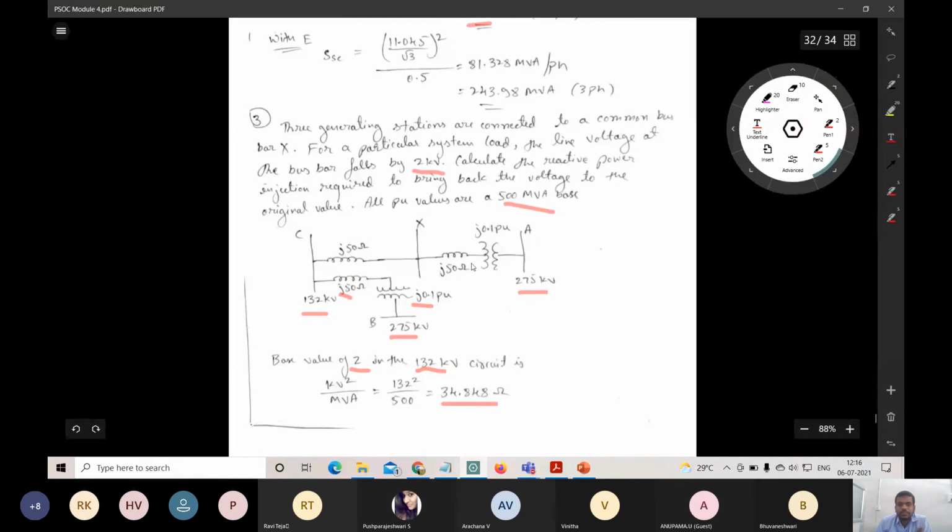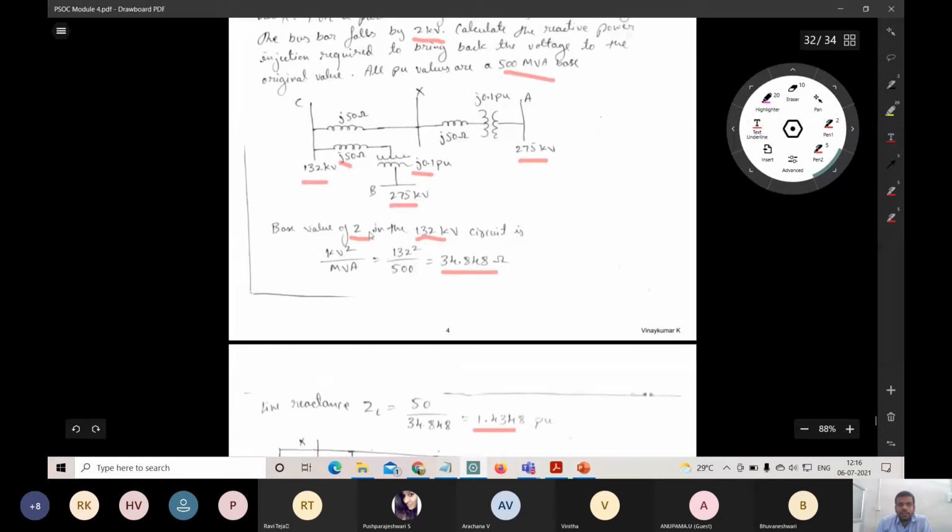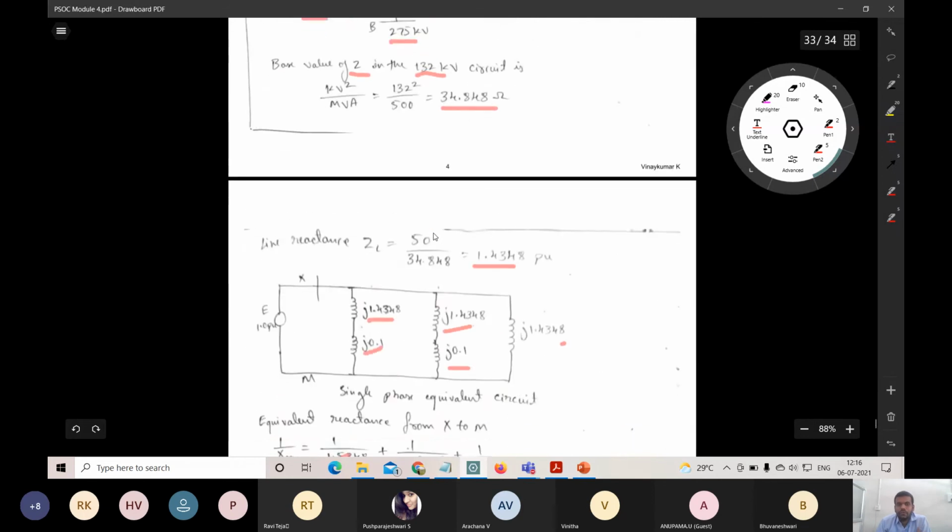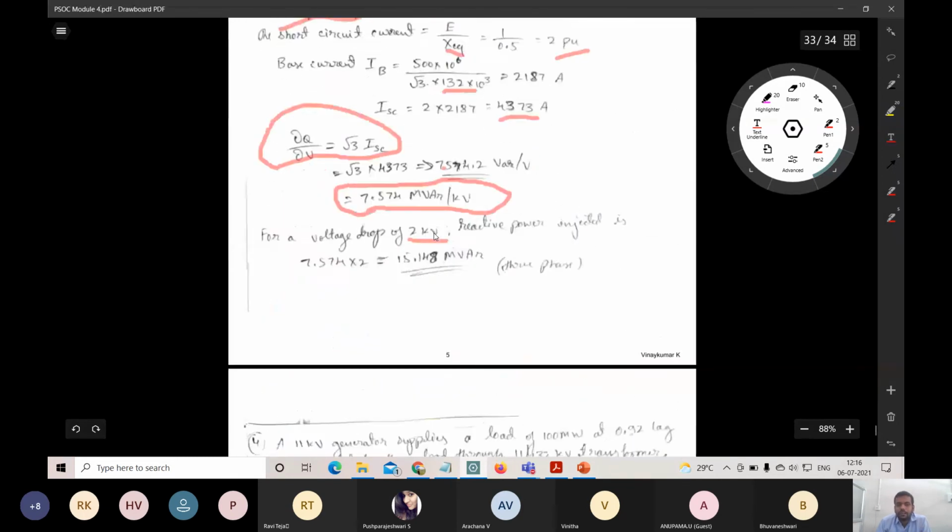Then you have to take the 275 wherever it is. Then the same 275 kV should be taken to find the base value of Z. Don't get confused. This is how we need to calculate the reactive power injected.